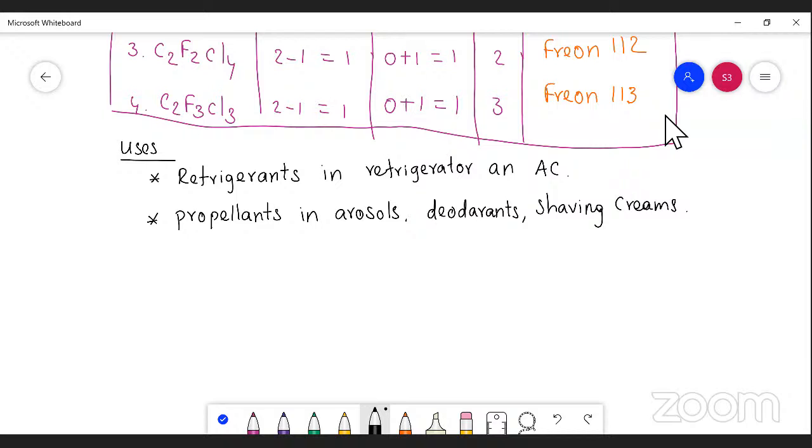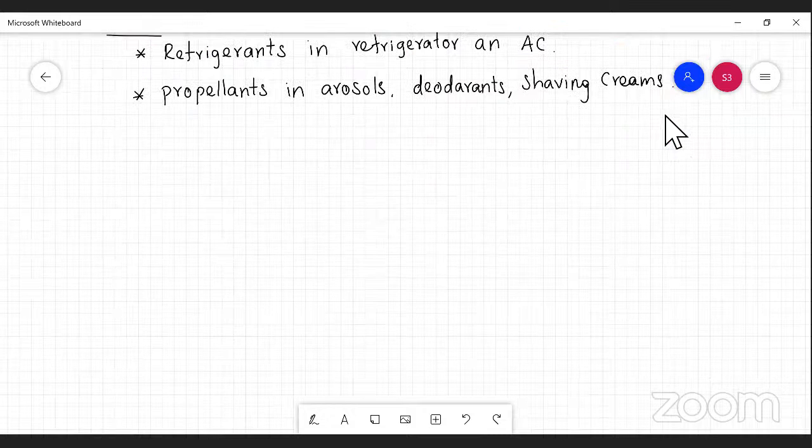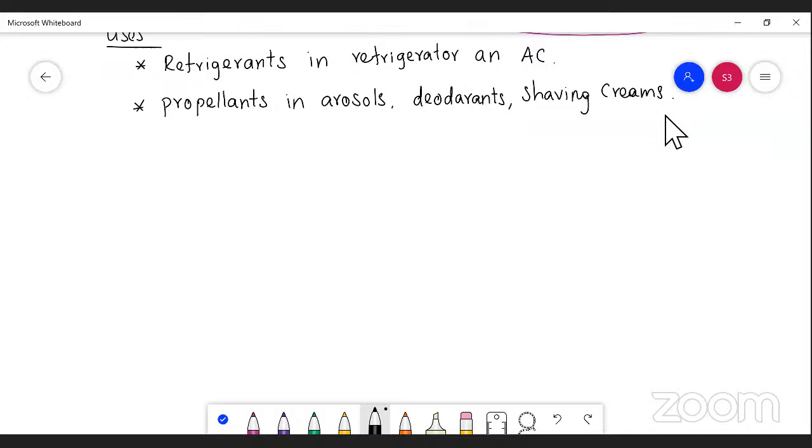And we take the next compound, that is DDT. So we are taking the final compound, that is DDT.